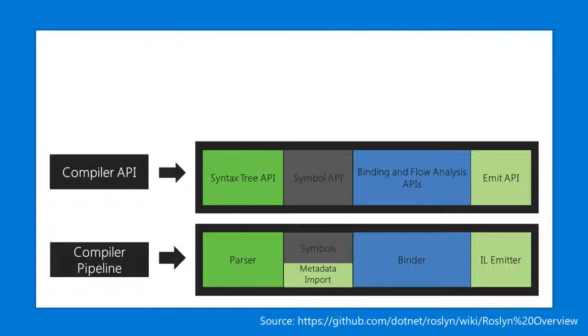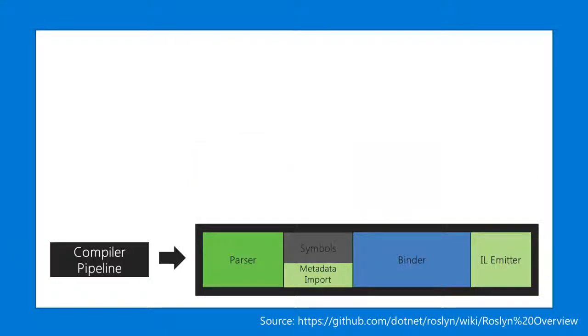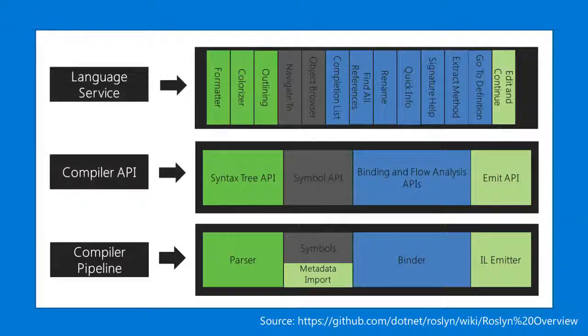In terms of the Roslyn APIs, those stages map to the syntax tree API, the symbols API, which is part of the semantic model, the binding and flow analysis APIs, which are another part of the semantic model, and finally to the emit API. And Visual Studio features are then built on top of those. You can see I've helpfully put the text sideways to make it easier to read on that diagram.